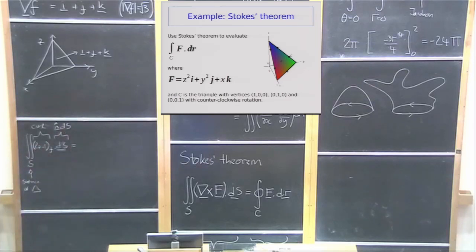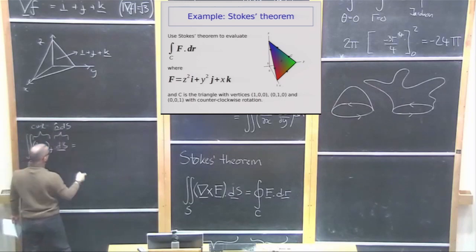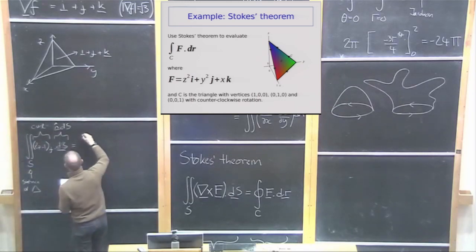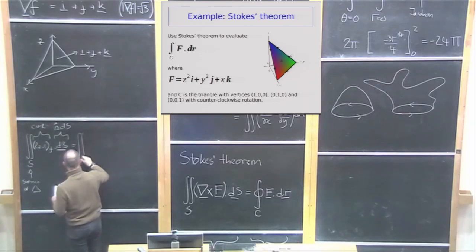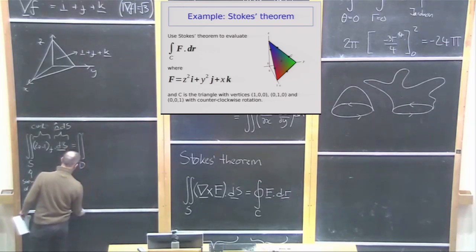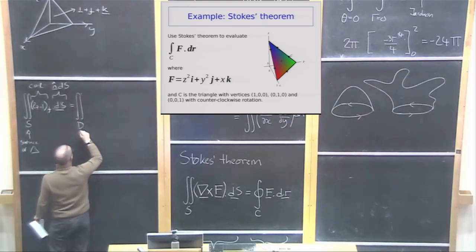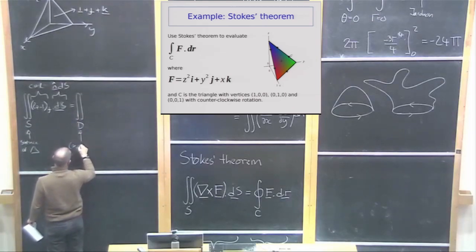This is the unit normal times the area. This is the vector area, so it's the unit normal times the scalar area. And we then recast this as a projection down onto the xy plane. So we now do our 2D integral over some area on the xy plane.